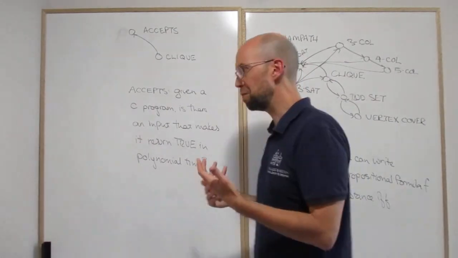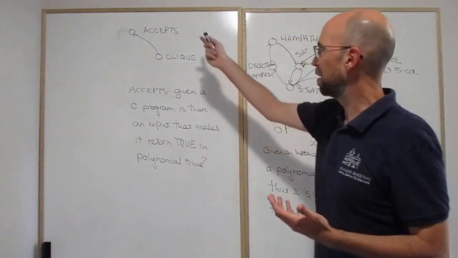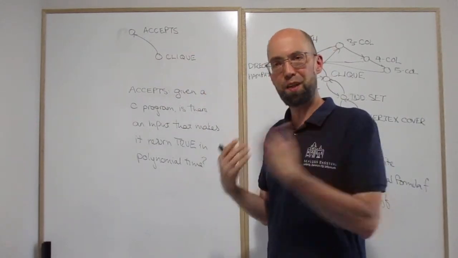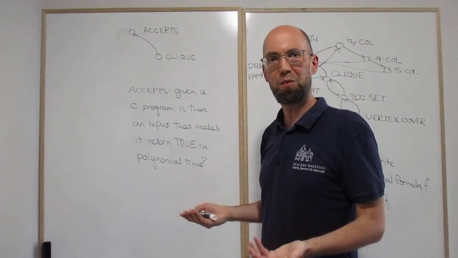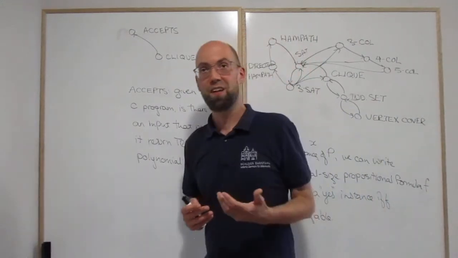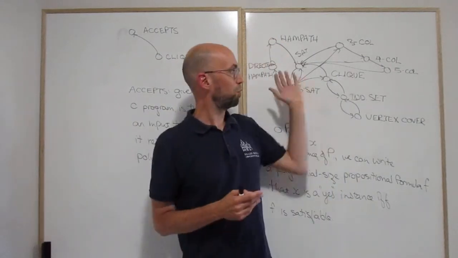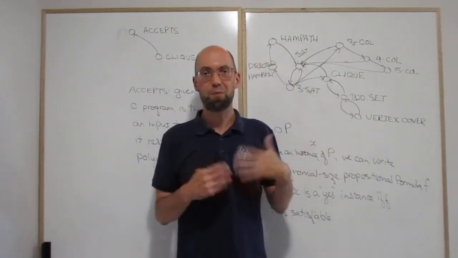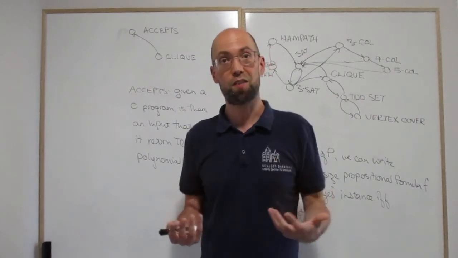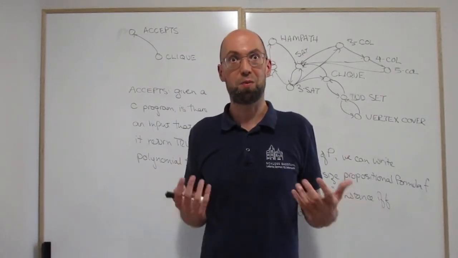So if you could write accepts, you could break crypto systems in polynomial time, which we don't think you can do, which we hope you can't do. You would be able to solve all of these problems in polynomial time. Any problem where you could check a solution in polynomial time, you could find a solution in polynomial time. And I said, yeah, that would be really weird.